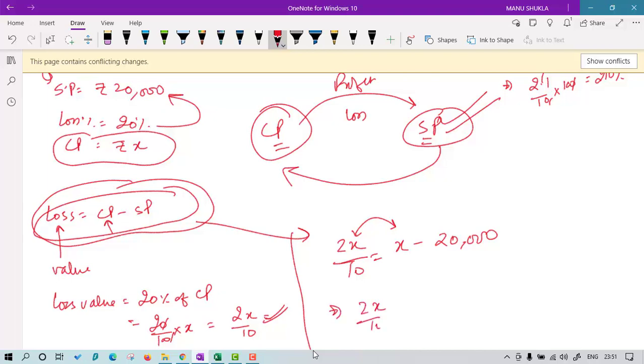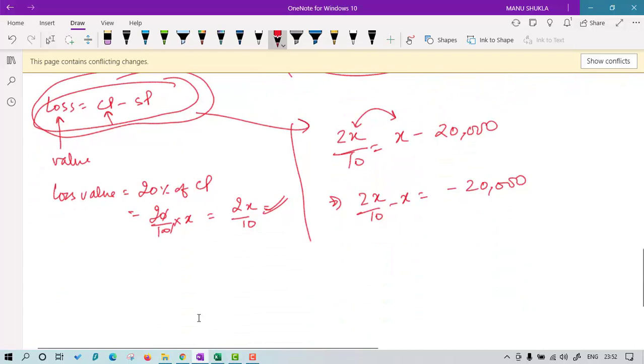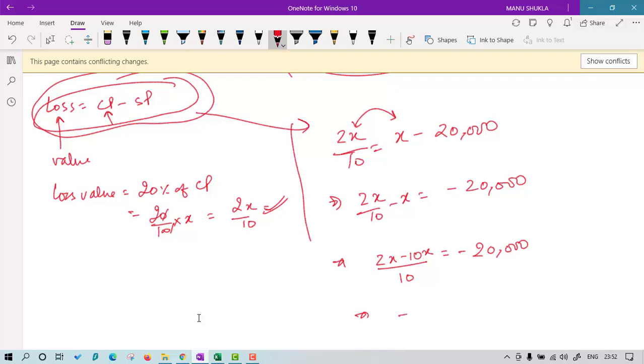It becomes 2x upon 10 minus x is equal to minus 20,000. And further solving, what will we get? Let's take the LCM 10. So 2x minus 10x is equal to minus 20,000. It will give you minus 8x upon 10 is equal to minus 20,000.